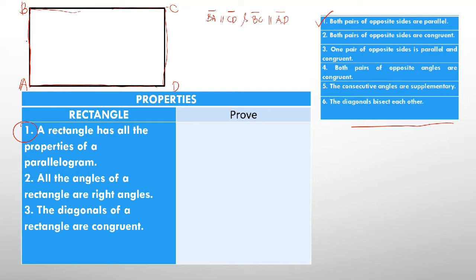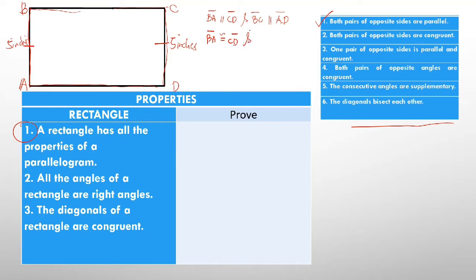So therefore, if this is 5 inches, then the other side is also 5 inches. So they are equal. So therefore, our line BA is congruent to our line CD.